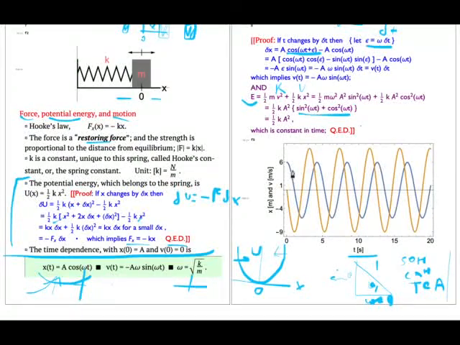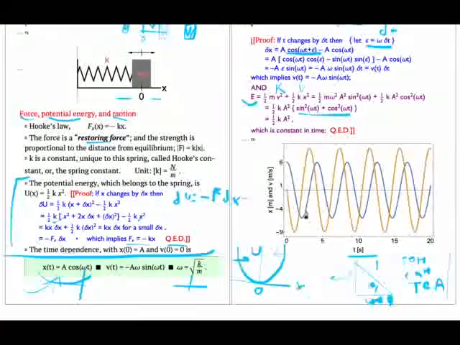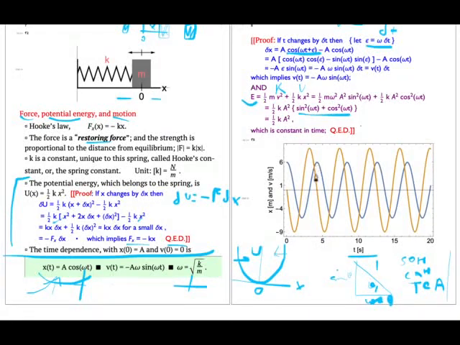If you remember graphical analysis of the position as a function of time, the slope is equal to the velocity. So in here, the slope is negative and the velocity is negative. But for this part of the cycle, the slope is positive. So the velocity is positive. And then the slope becomes negative again, so the velocity goes negative.